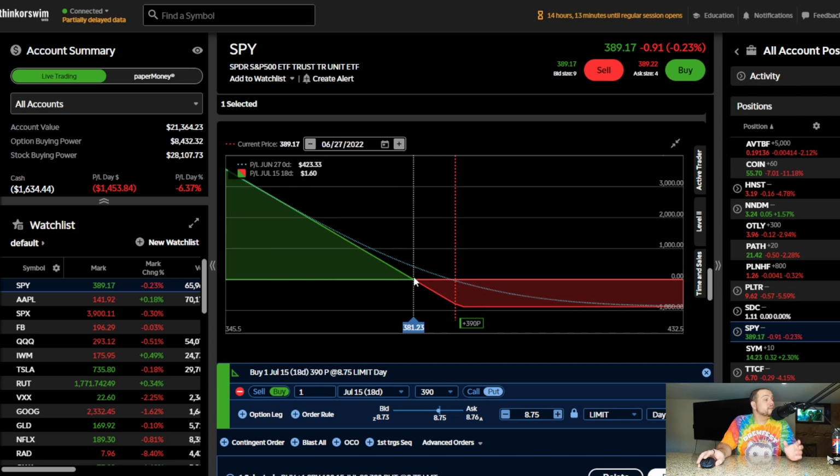So long as the SPY is down below 380, you're making money. The lower it goes below 380, the more money you make. If it gets to 350, you're looking at a $3,000 profit. Pretty good. Will it by July 15th? That's not what we're here to discuss.